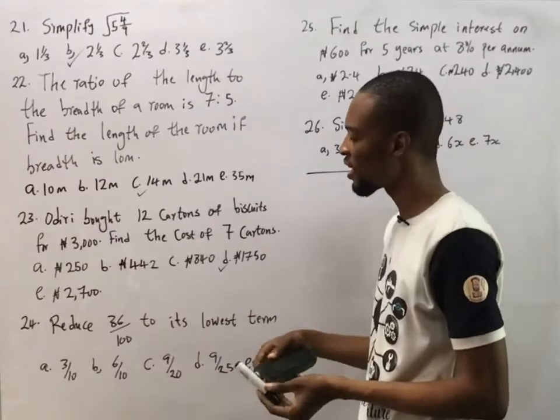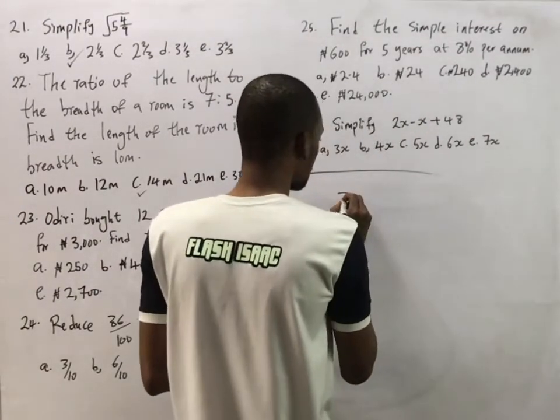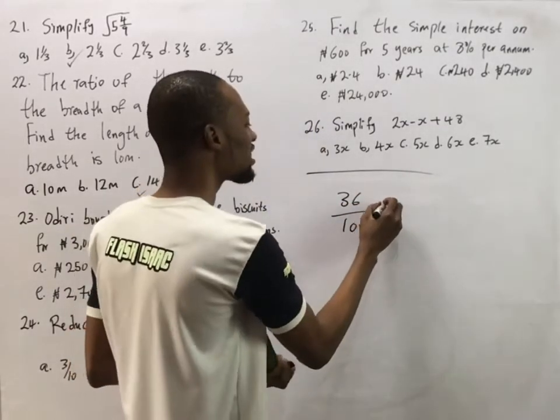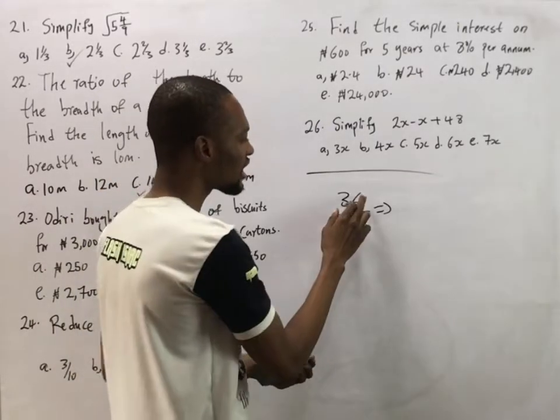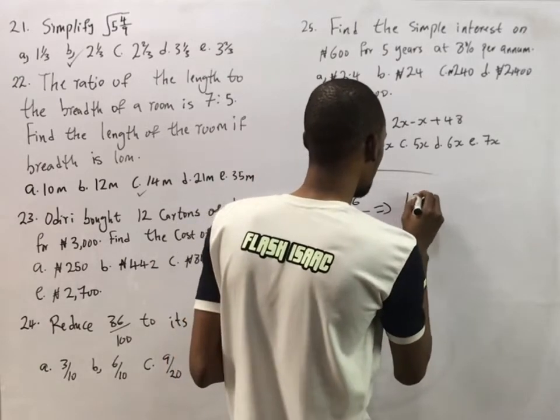Reduce 36 over 100 to its lowest term. This is how you do that. 36 over 100. So we start breaking it down until we get to the lowest term. 36 divided by 2 will simply give you 18.